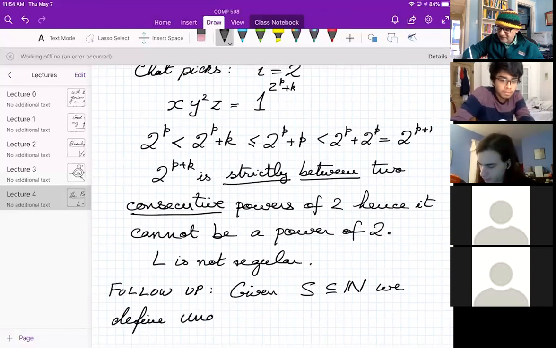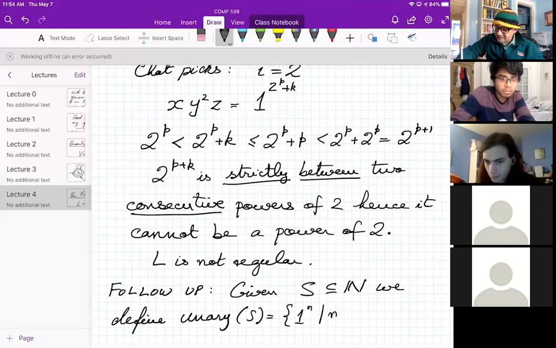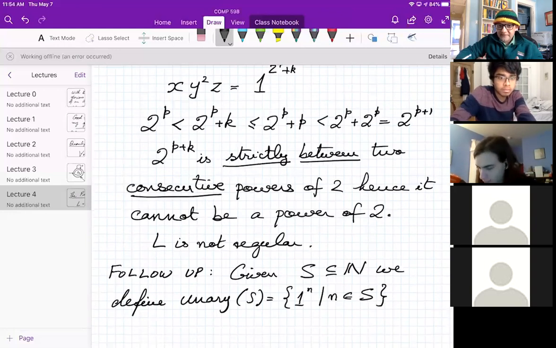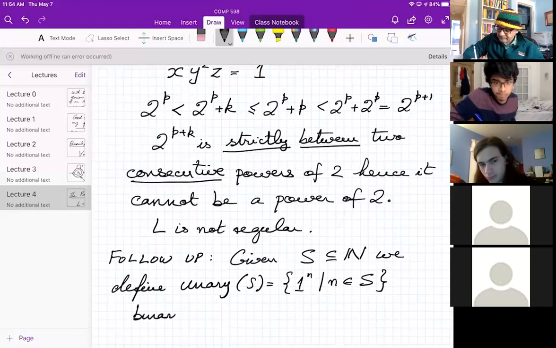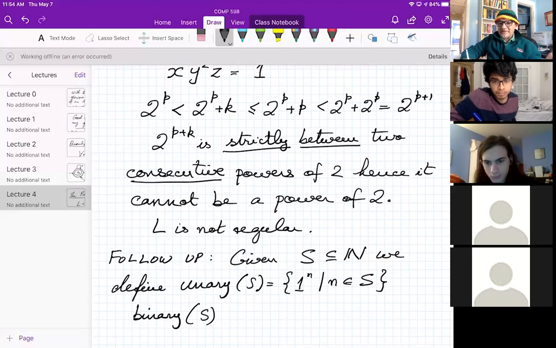One is called unary S. So unary S is a set of strings like this. S may be finite or infinite. If it's finite, it's certainly regular. And we'll define binary S. So unary S is simply all the numbers in the set S represented in unary notation, i.e. just by that length sequence of ones.